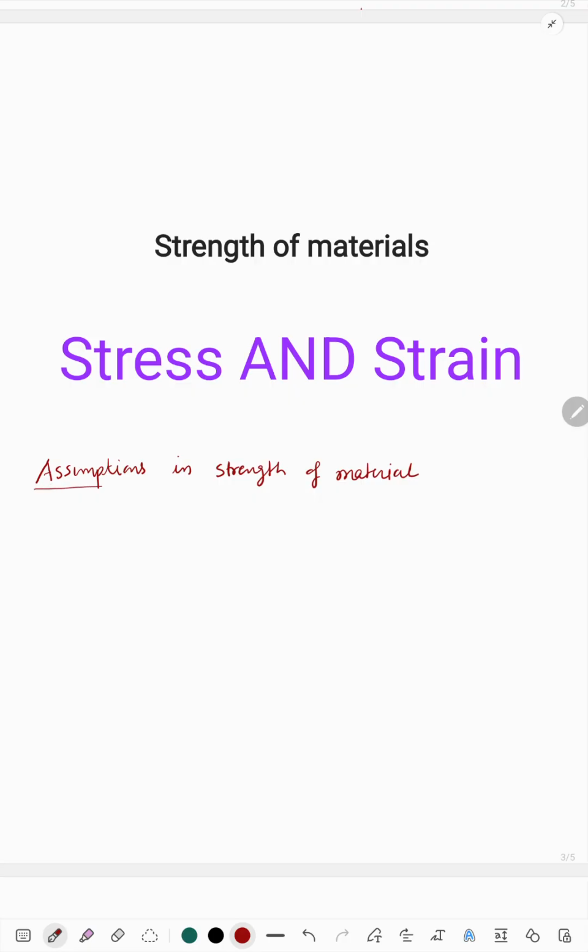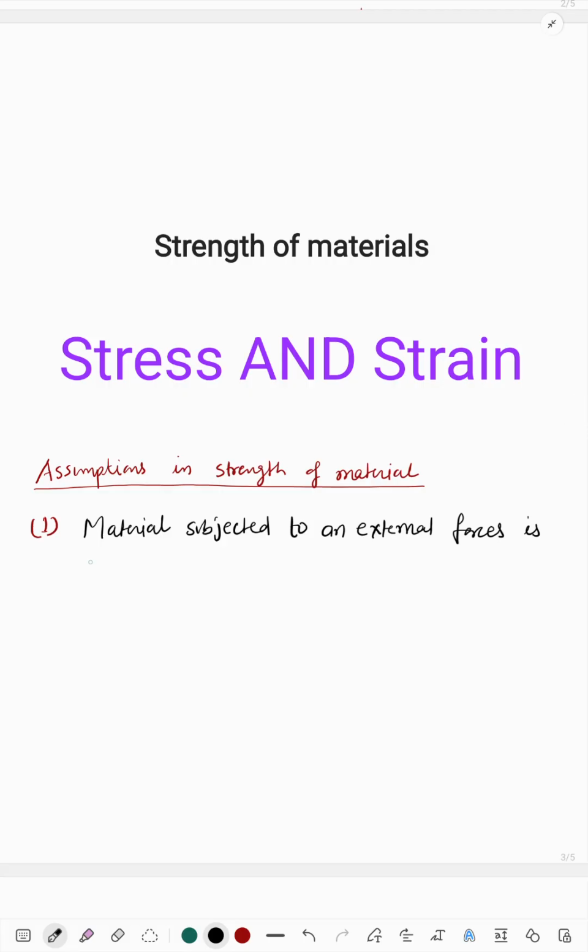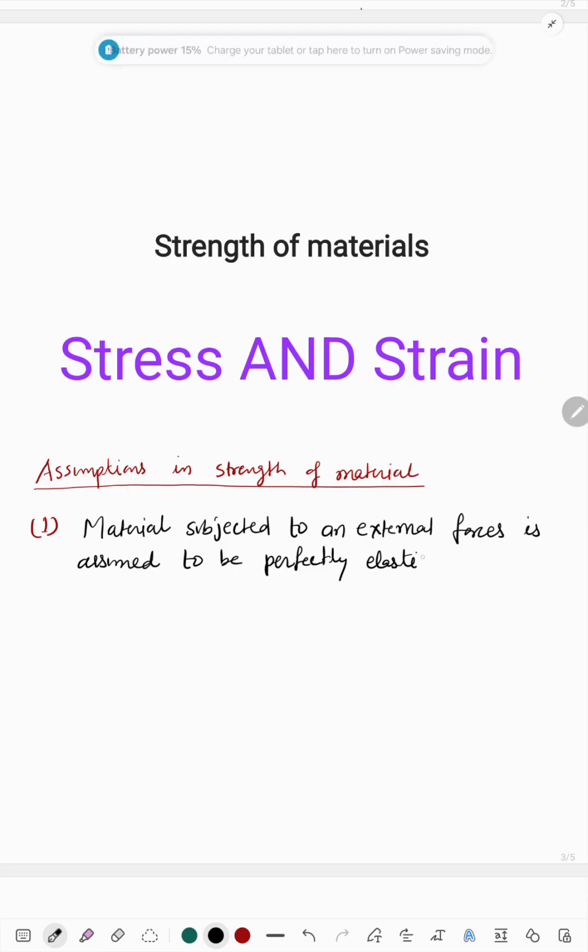While we are dealing with assumptions, the first assumption that we take in strength of material is: material subjected to external forces is assumed to be perfectly elastic. So this is the first assumption that we need to consider.